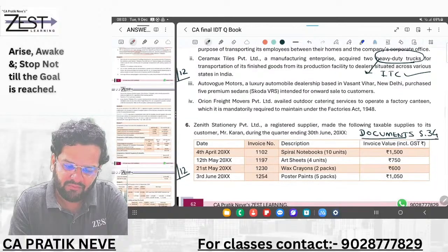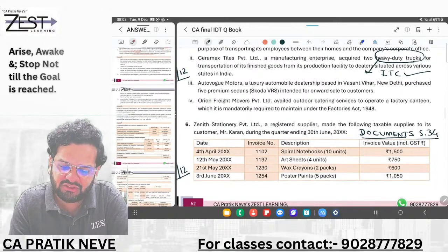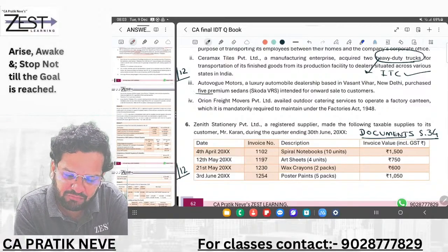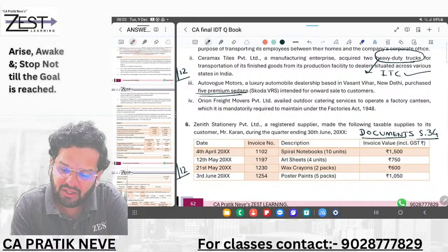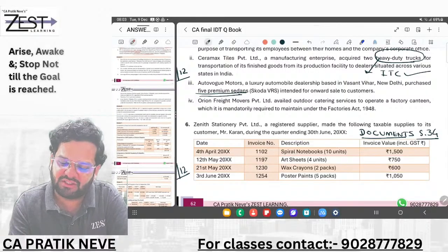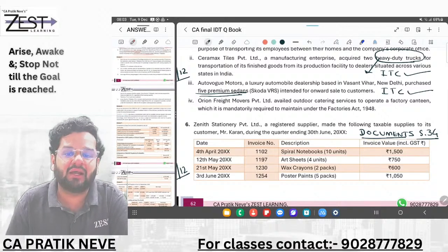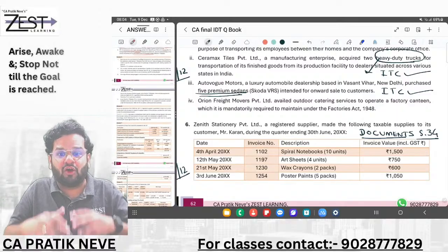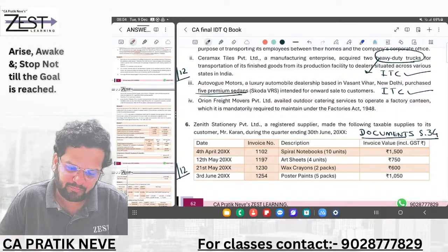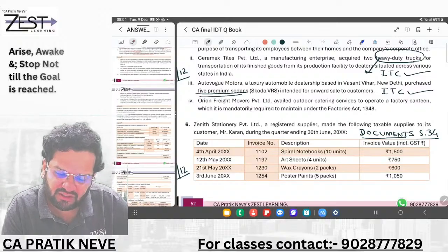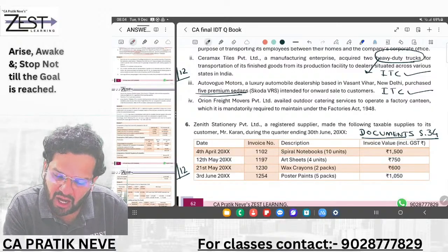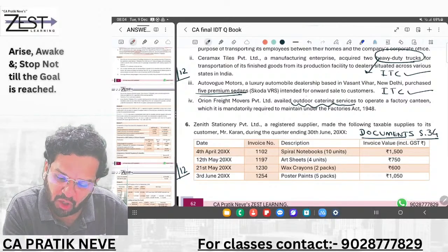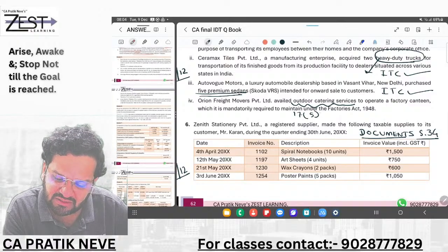Then Autovogue Motors, a luxury automobile dealership based in Vasant Vihar, purchased 5 premium sedans intended for onward sale to customers. So ITC will be allowed because motor vehicles are purchased for further supply. Then Orion Freight Movers Private Limited availed outdoor catering service. Usually ITC is blocked on outdoor catering service.